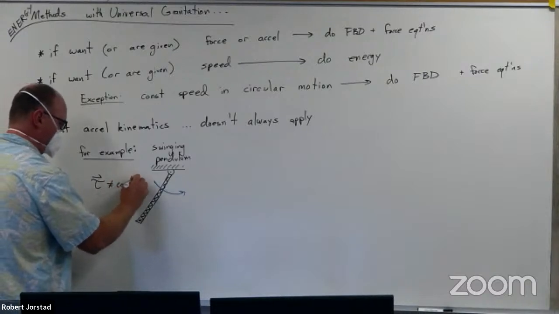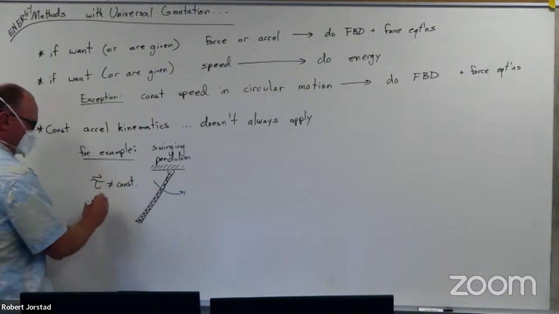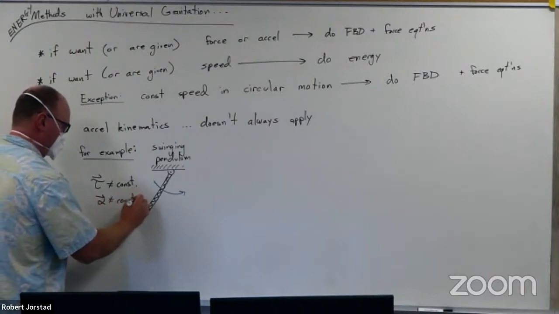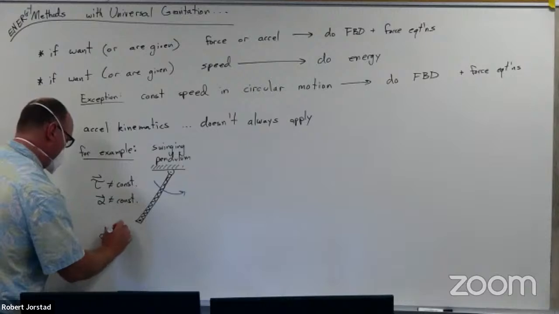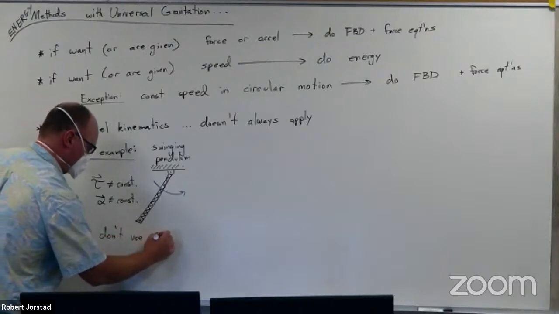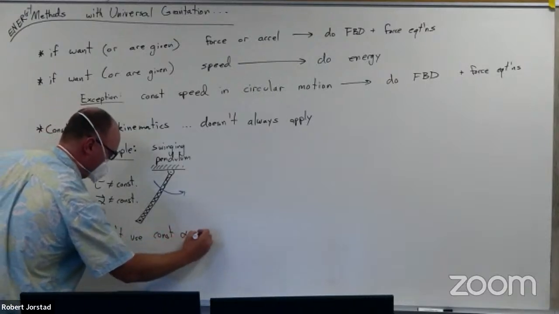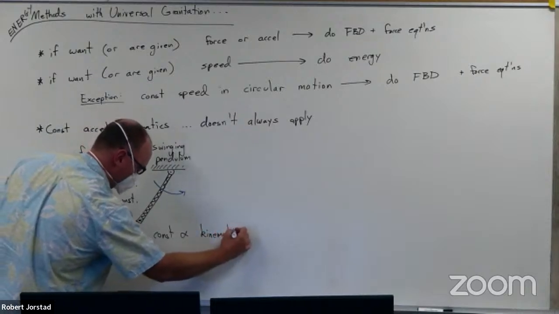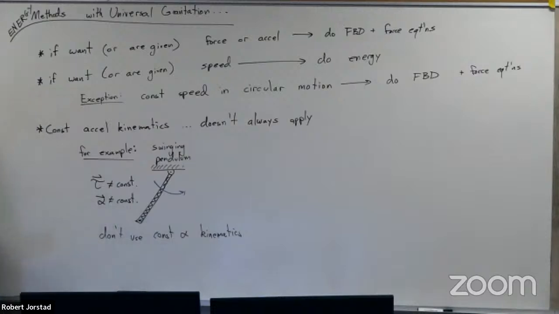So in this problem, the torque is not a constant, which tells us that alpha is not a constant, which says don't use constant alpha kinematics. So that's a review example. You remember that one? We want to avoid using kinematics on the pendulum because constant acceleration kinematics isn't valid.